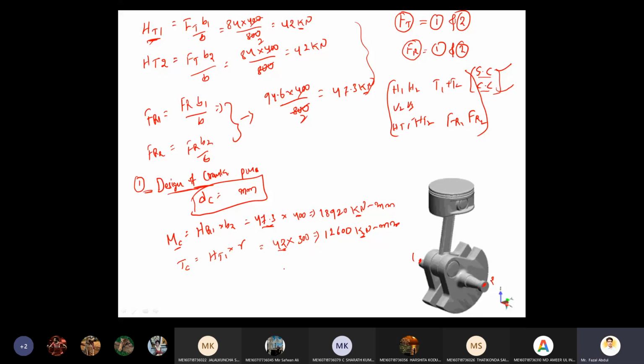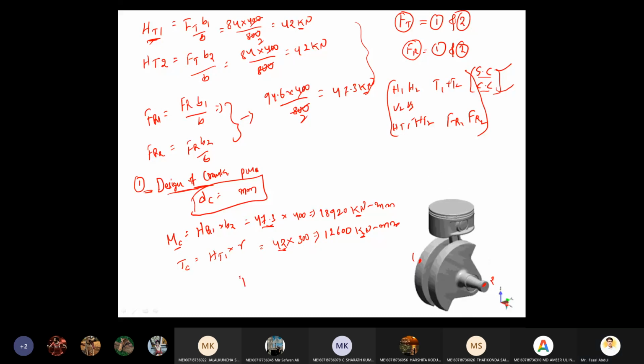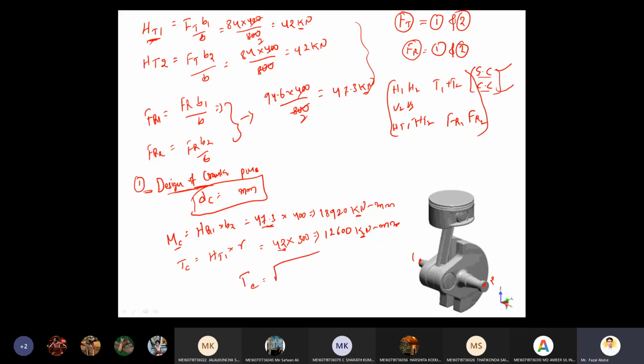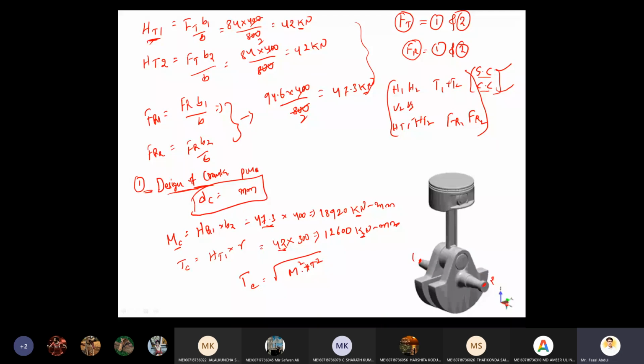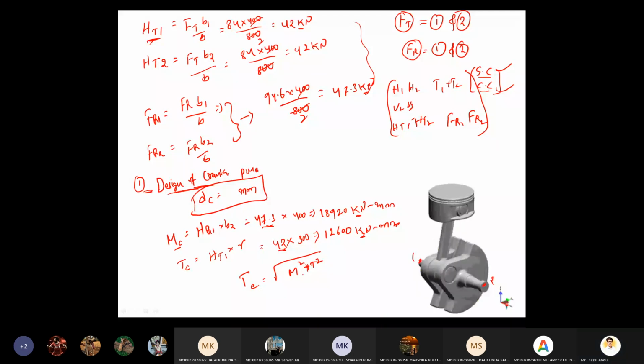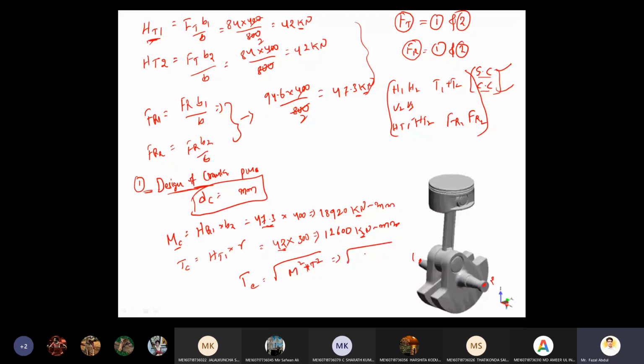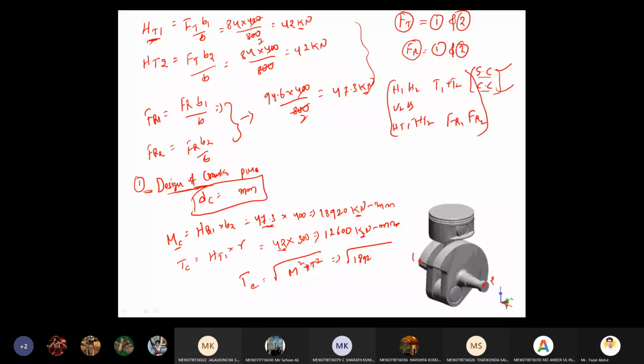Now the equivalent twisting moment for the crank pin is the square root of M squared plus T squared. Why am I taking this equation? Because when a machine element is subjected to a combination of stresses, meaning the element is subjected to a biaxial stress system, we need to take this equation. So T is equal to the square root of 189,220 squared plus 12,600 squared.